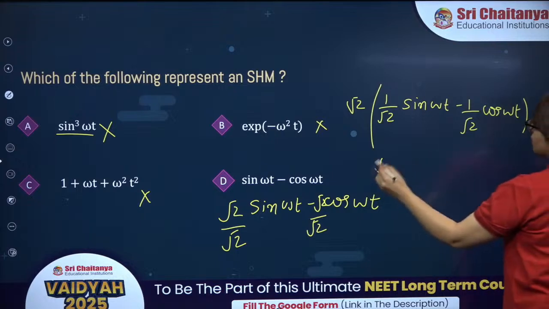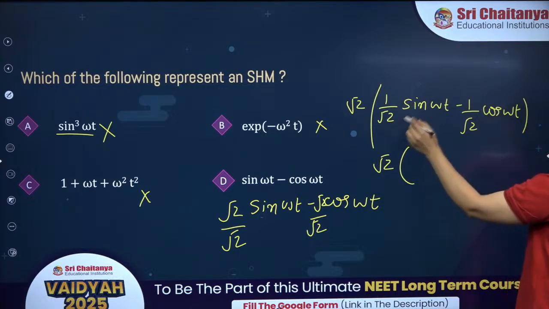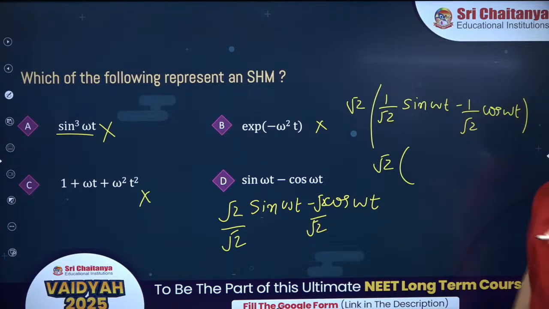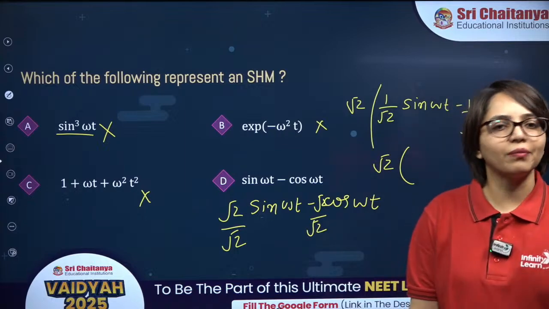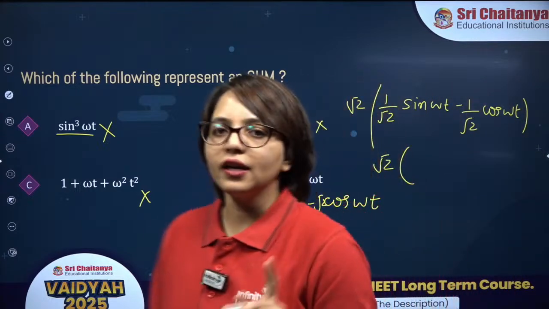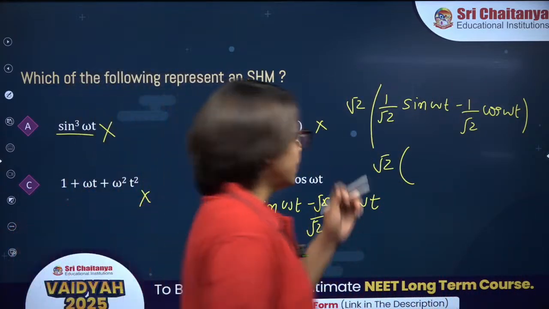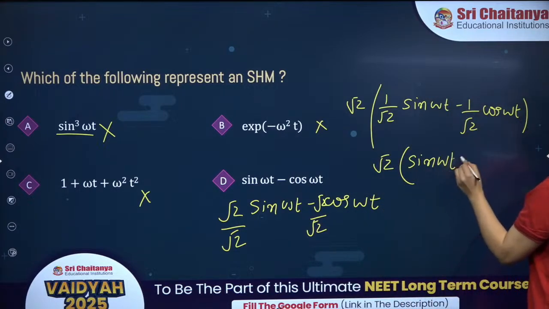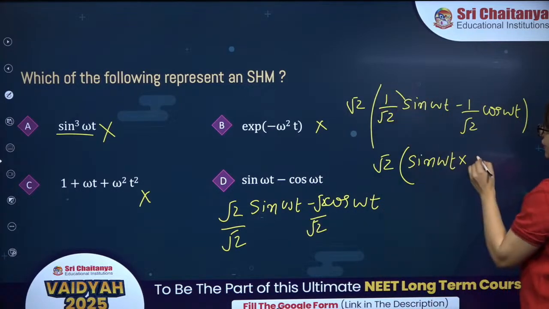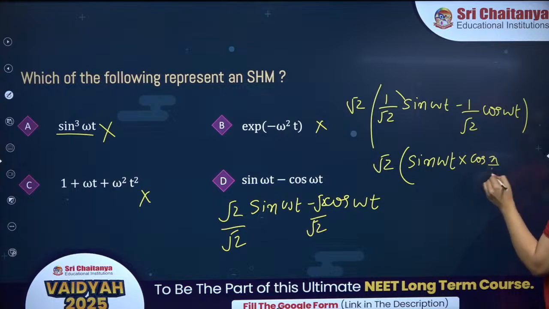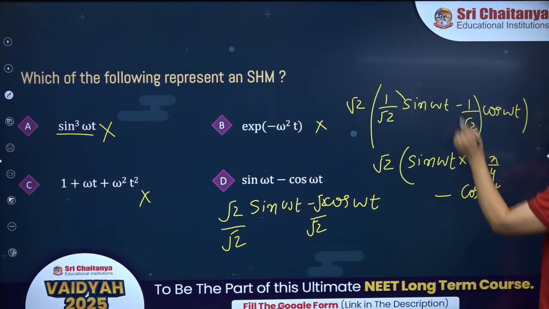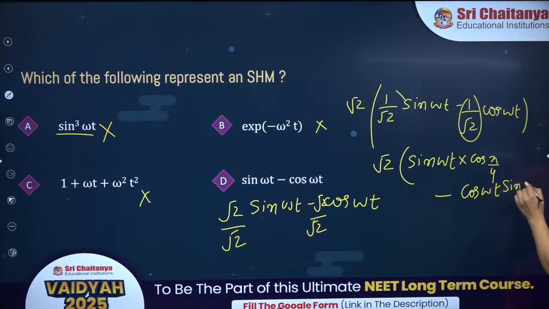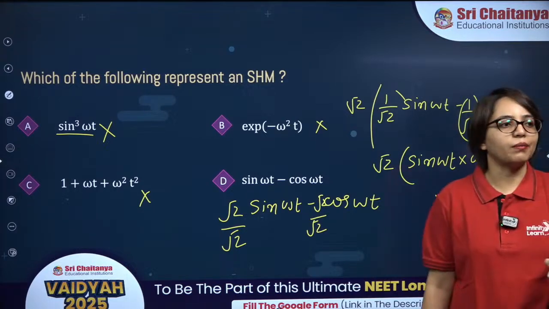We'll be replacing this 1 by root 2 and 1 by root 2 with sin 45 and cos 45. So this is sin omega t into 1 by root 2, which is nothing but cos pi by 4, minus cos omega t, and 1 by root 2 over here can be written as sin pi by 4, because sin pi by 4 as well as cos pi by 4 both are 1 by root 2.